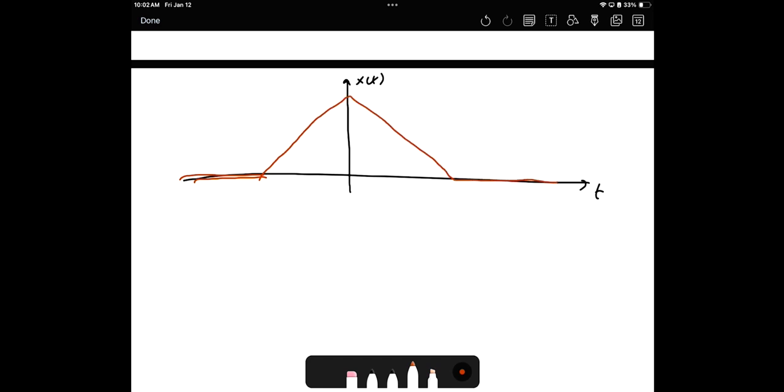This is the waveform of the signal, x of t, which is continuous time, changing with time. Let's assume this is the time axis: 3 seconds, 2 seconds, 1 second, here is 0, here is -1, -2, and here is -3.